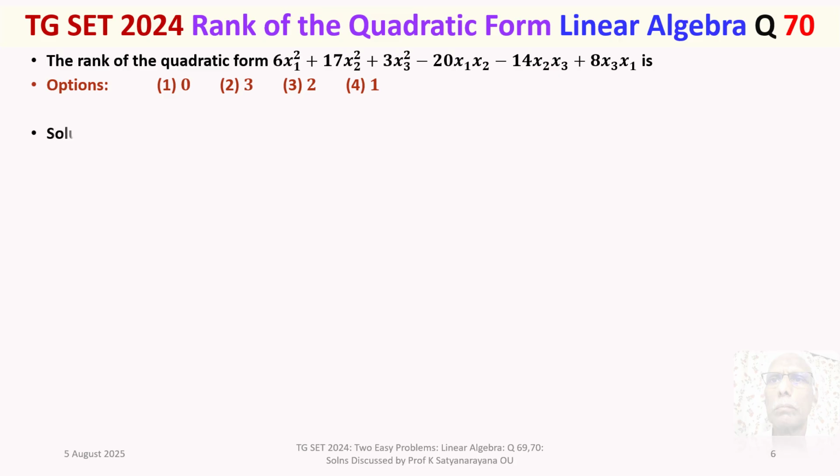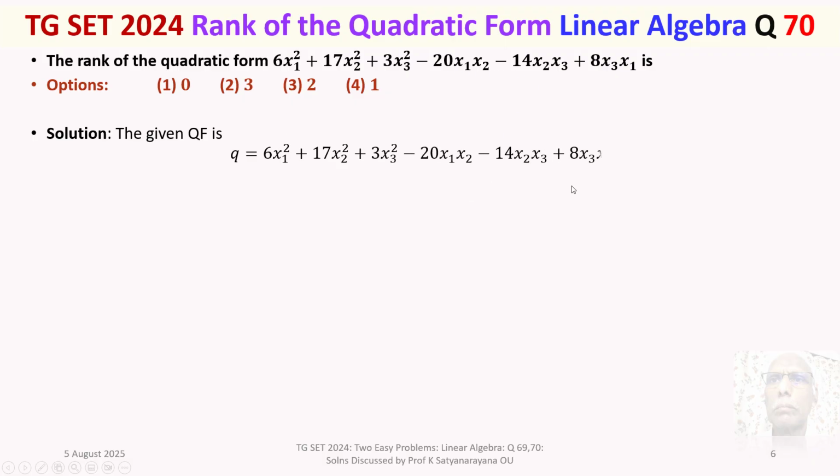The given quadratic form is Q, which we have written here. Now, we write it in a standard form as capital X transpose capital A into X, where capital A is called the matrix corresponding to the quadratic form Q, or the matrix of the quadratic form.